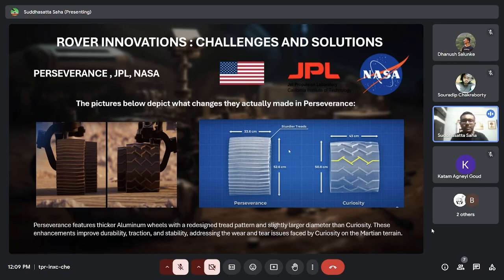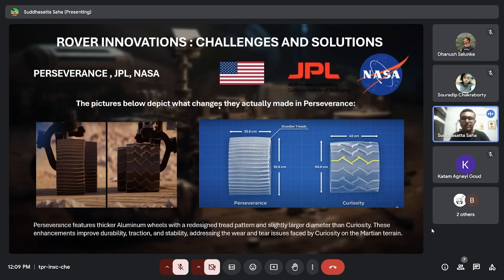So why did they not use nitinol instead of just improvising the already existing design? It is because these nitinol wheels were in the development stage, and they are not yet ready for this type of space mission, because there are other aspects to consider.